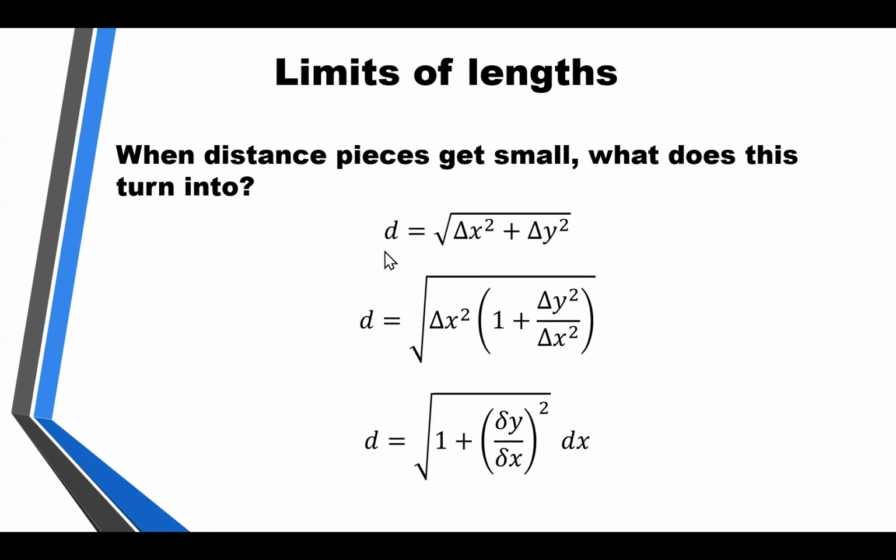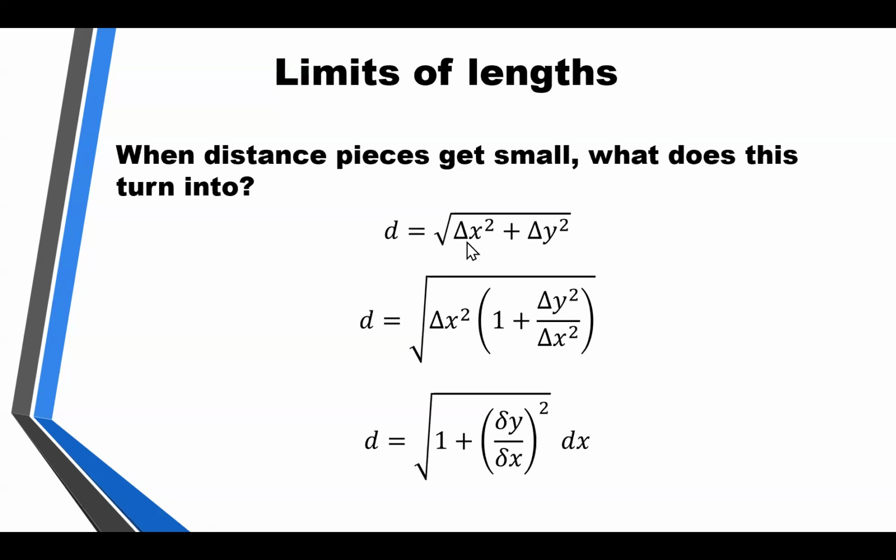When we take the limits, remember the distance is the square root of a squared plus b squared. The a squared could be change in x squared, and the b squared could be change in y squared.